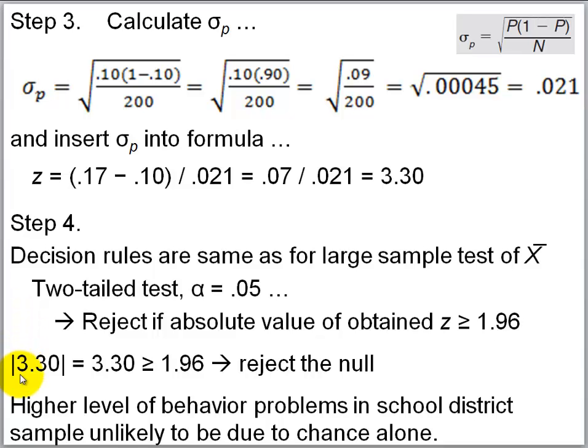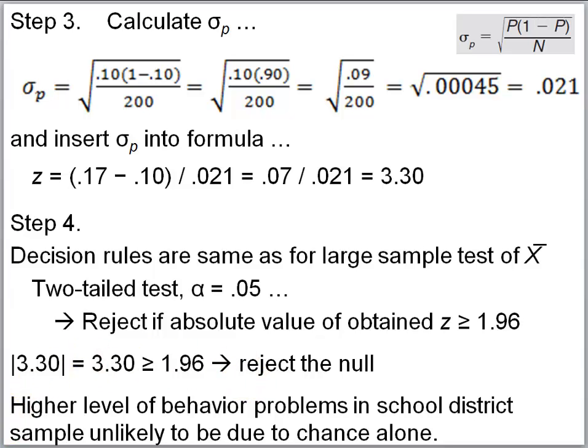3.30 is our obtained z, and the absolute value of 3.30 is 3.30. That is indeed greater than 1.96. So, following the decision rule, we reject the null.